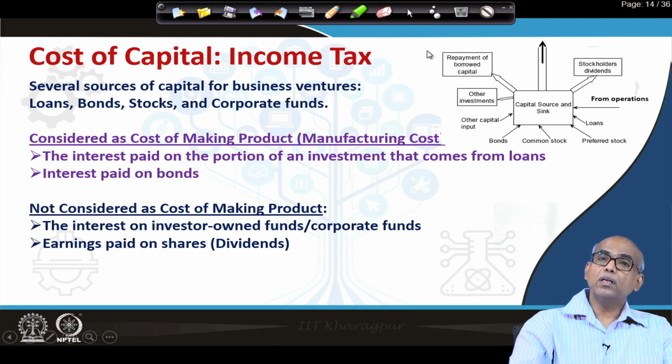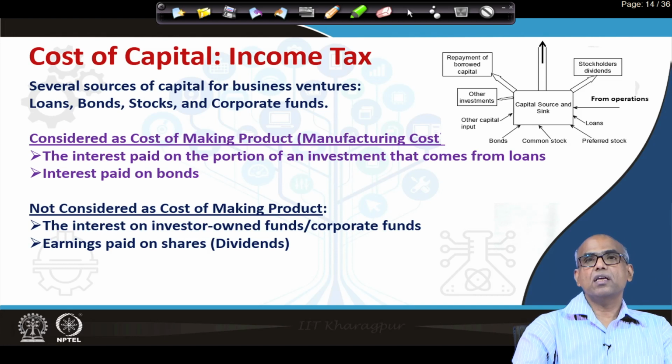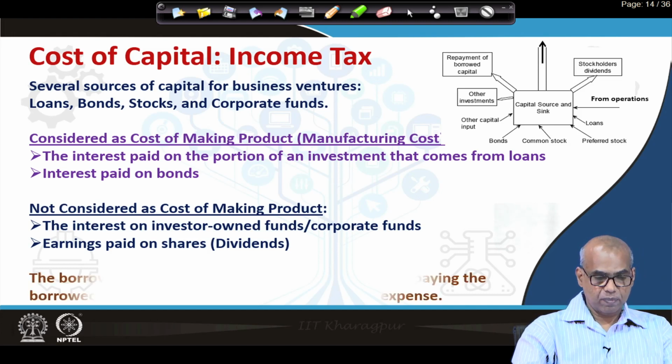And we must know what are the costs that are considered for making product and what are the costs that are not considered as manufacturing cost or cost of making product, so that we can compute our income tax on the profit that the companies make.